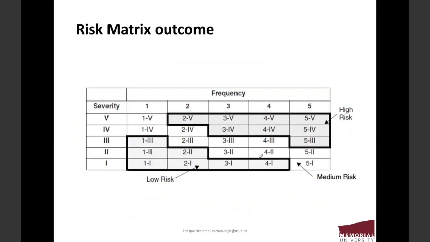So again, this is another way to represent this. It is a qualitative matrix. I took it from some books, and in this particular example, they take the high risk up to this area. And this is my low risk here. Anything in between the high and the low is categorized as medium risk.